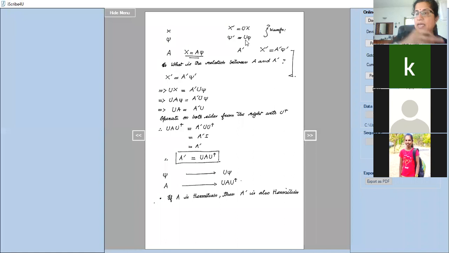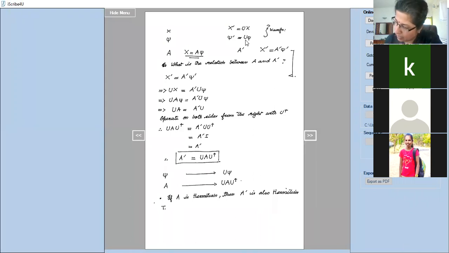For instance, A is linked with position. Then I know that eigenvalues of A are real, so I can make sense of that measurement. Correct? Now, once I do the unitary transformation, suppose it becomes a non-Hermitian operator. Sometimes when I'm trying to measure positions there, I will start getting imaginary values and I cannot make sense of it. So it is very important that if A is Hermitian, after a unitary transformation it should also remain Hermitian.